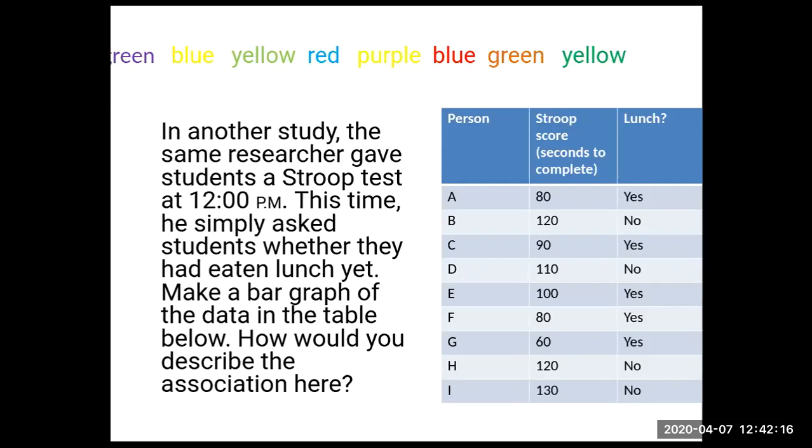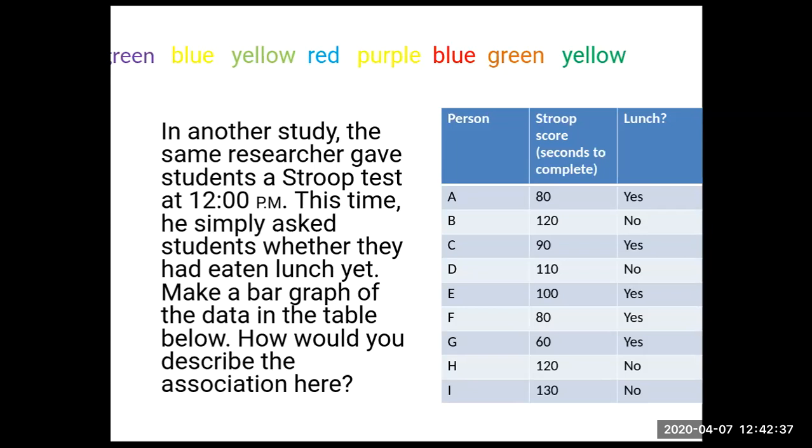So here we see, again, person A through person I, and whether or not they'd eaten lunch. In this case, I can actually pull out my calculator on my phone, so I will. I'm going to calculate the yeses.